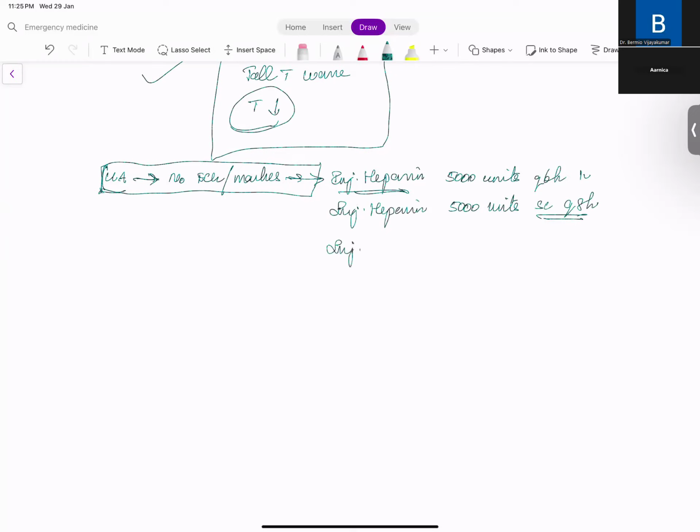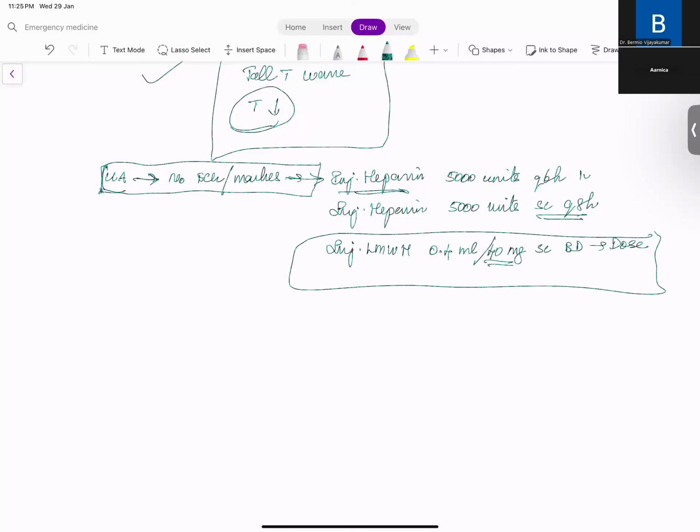Now we have something called low molecular weight heparin, enoxaparin. It comes as 0.4 ml or 40 milligram. Based on the weight, for a 40 kg person, we can give 40 milligram subcutaneous BD. This is enough for unstable angina.